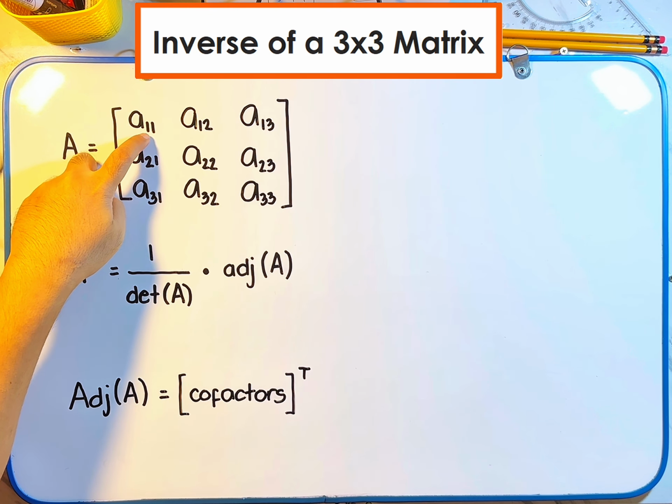So, the determinant of C is equal to 1 times 0, that's 0, plus 2 times 4 times 5, so that is equal to 40, plus 3 times 0 times 6, still that's 0.